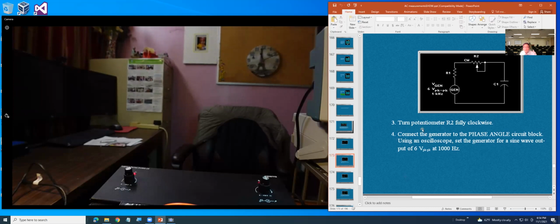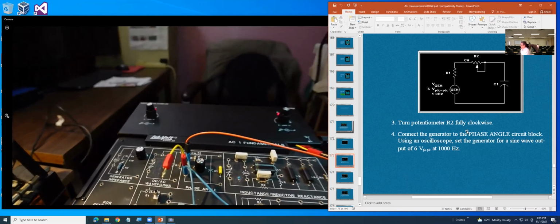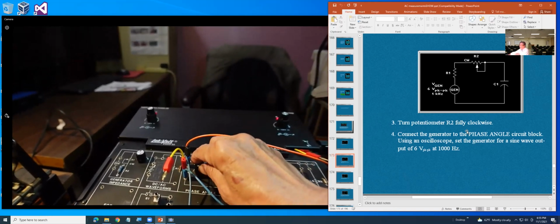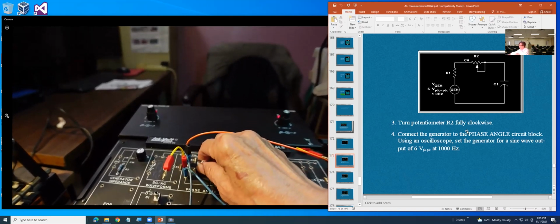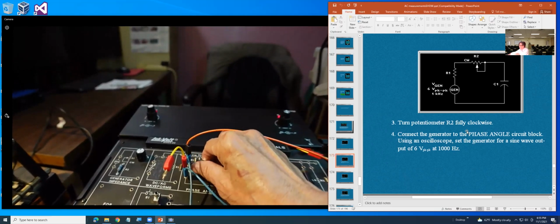They said turn potentiometer R2 fully clockwise. Okay, so we have to turn that one full clockwise.